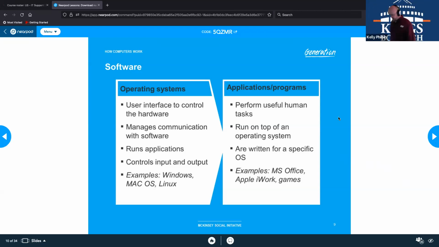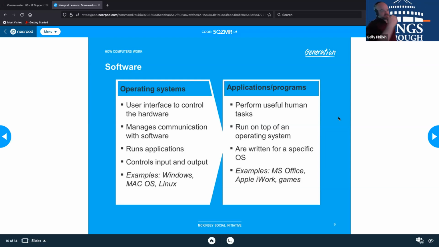All right, applications or programs run on top of operating systems. They are written to interact with specific operating systems, and they are meant to perform useful human tasks, like Candy Crush. But they're much smaller.